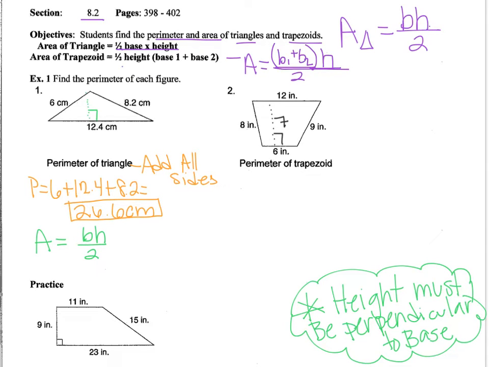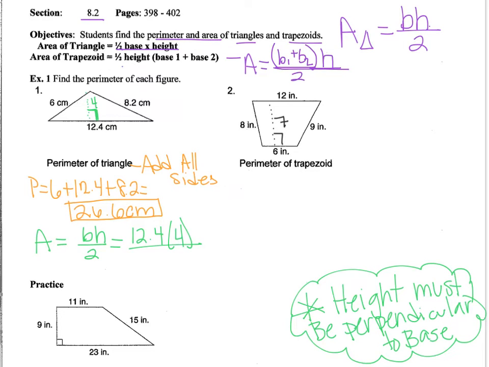Okay, so by perpendicular, that means we need to look for that little box. So we know we have the height. So let's make the height 4. Okay, so if I have that number, I can go ahead and find the area of my triangle. So the base is the 12.4. The height is now 4, since we added that.